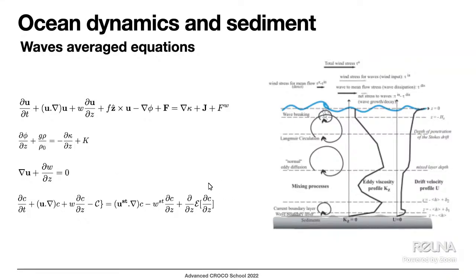The sediment will be transported like salt, like temperature, with the standard equation and some additional terms, some due to waves, some specific to sediment. And actually, we will be interested in what is happening in the bottom boundary layer and the variation of orbital velocities.